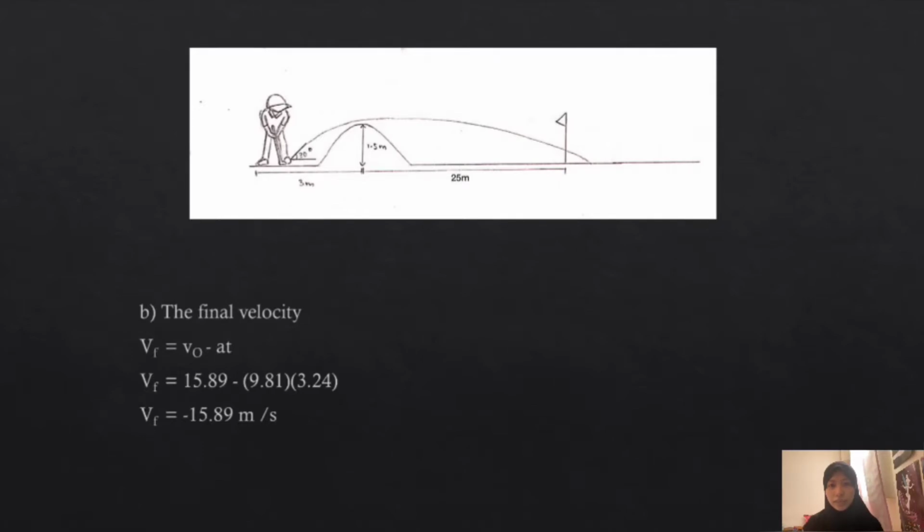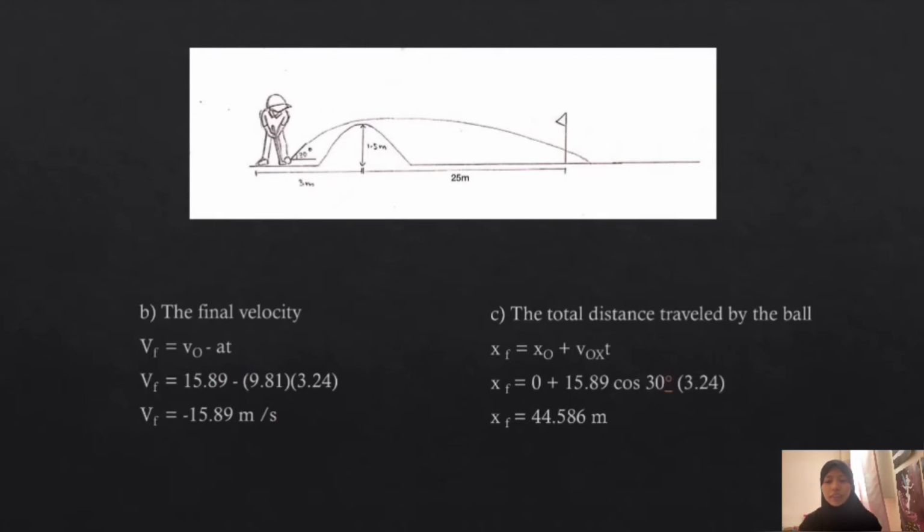The t that we use is the total time, which is 3.24, and the final velocity that we will get is negative 15.89 meters per second. The negative is because the ball is going downwards.